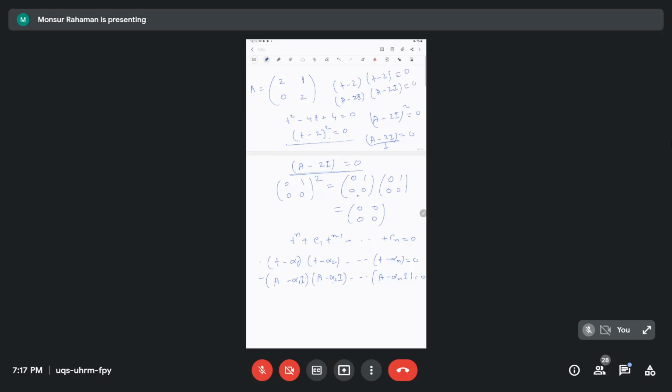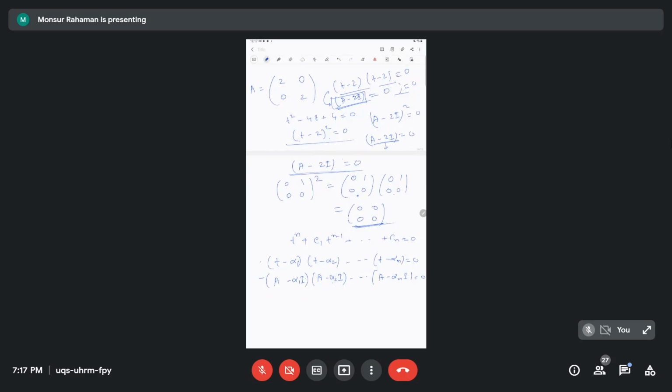But for the other matrix, the characteristic polynomial is the same, yet it does not need the second factor. One factor is enough to make it 0.